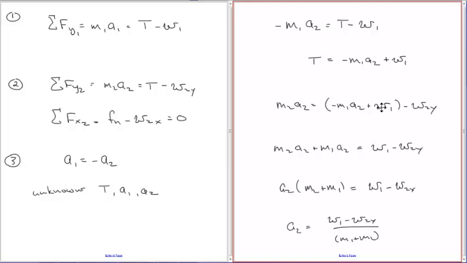And then we can solve algebraically for A by adding this to both sides. Then we have left W1 minus W2y. Divide both sides by this, we solve for the acceleration. Now we stick the numbers in.